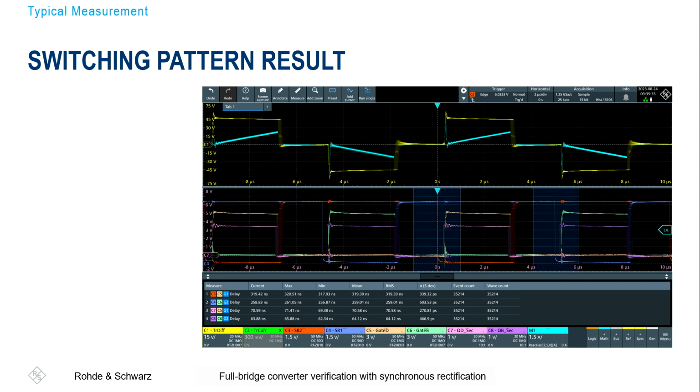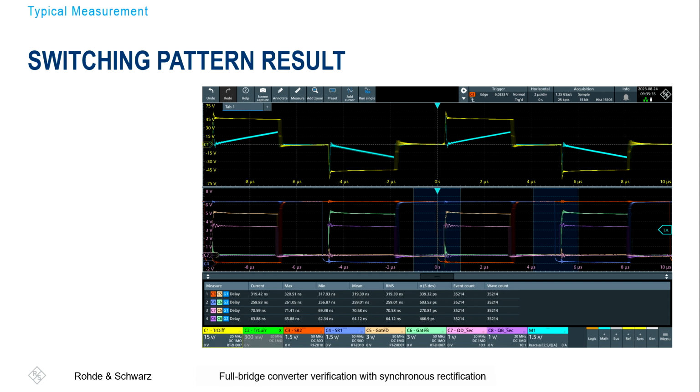Here you can already identify the energy cycle 1, where we have the positive voltage and the positive current, of course. Then that will be followed by the freewheeling cycle, and then again an energy cycle 2 and freewheeling cycle 2. So it's exactly the pattern we have seen in theory.